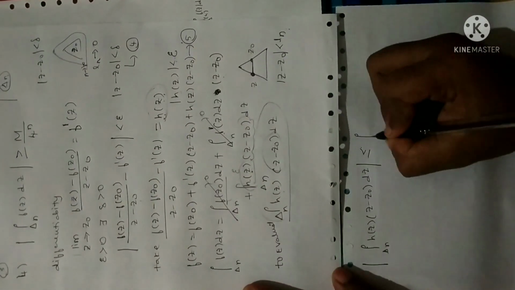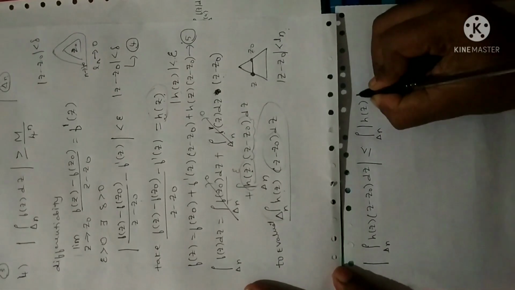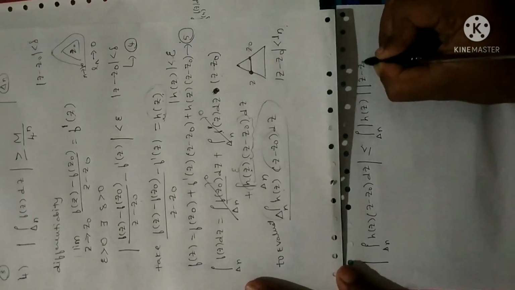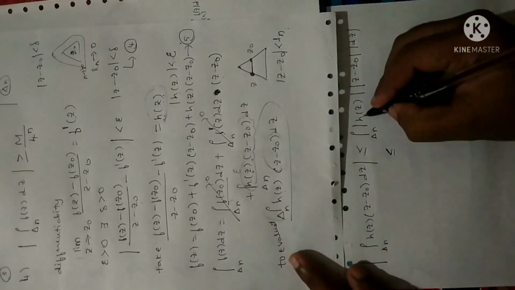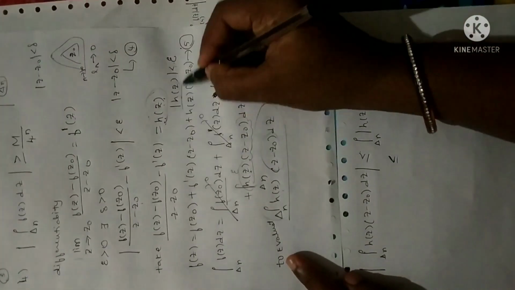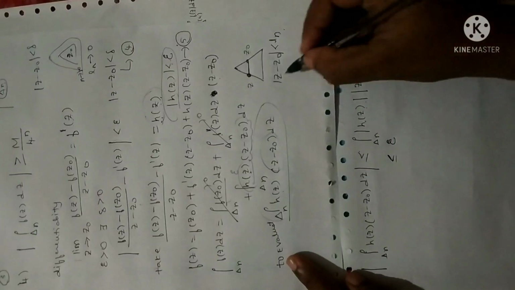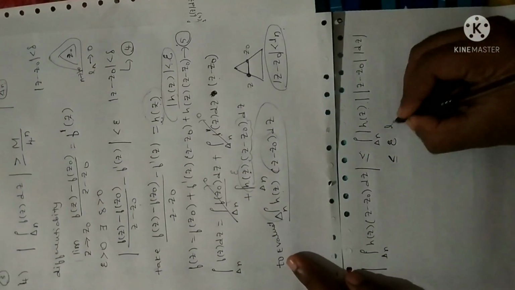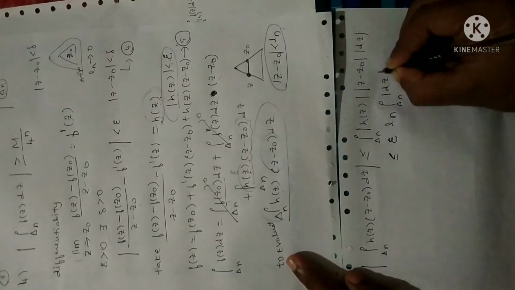I can write the magnitude of h of z into the magnitude of z minus z naught into the magnitude of dz. Now you can note that the magnitude of h of z is less than epsilon, I have written here, so I can write this as epsilon. Now z minus z naught will obviously be less than ln. So what you are left with is the integral over delta n of the magnitude of dz.